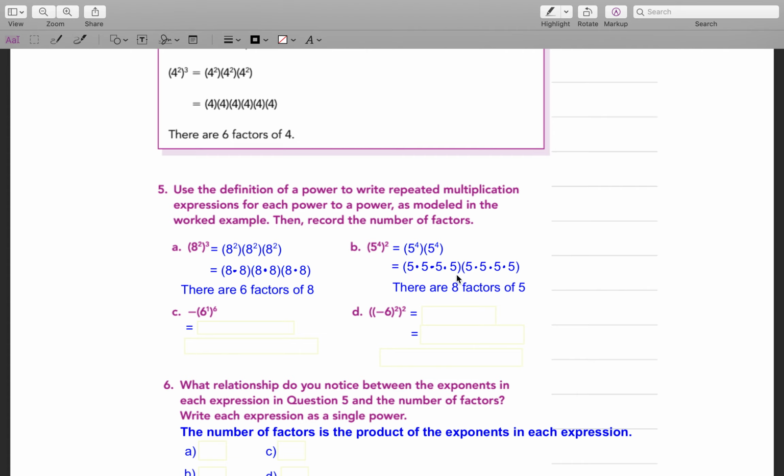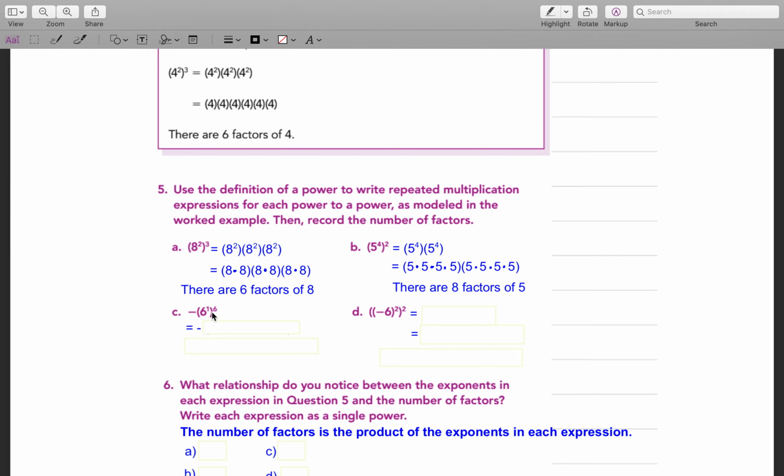For C, it's going to be negative times 6 to the 1st power being raised to the 6th power. So we're going to have a negative out in the front. Notice how the negative was not part of the parentheses, so we're just going to have it out in the front.